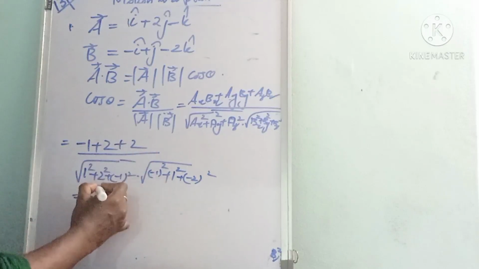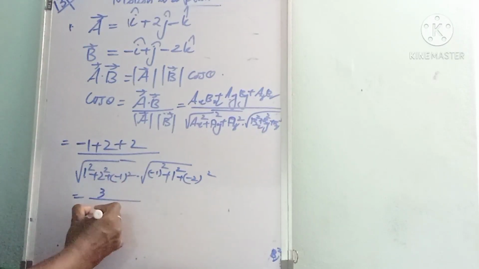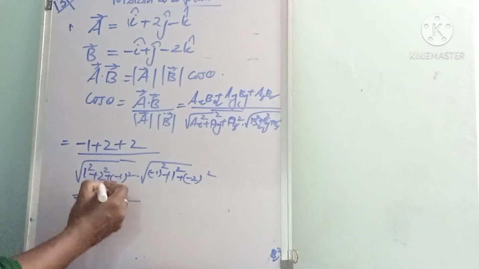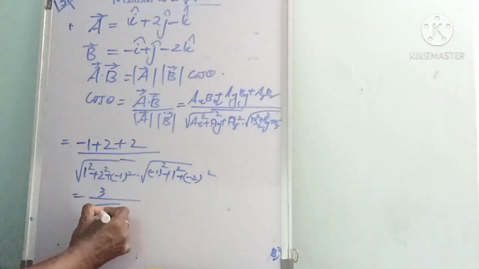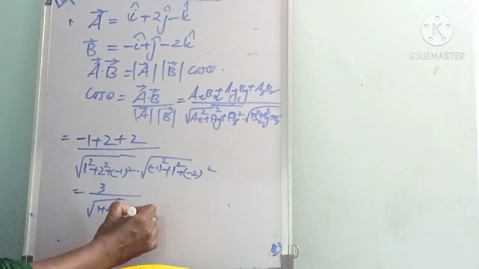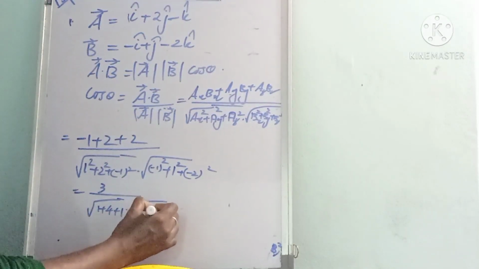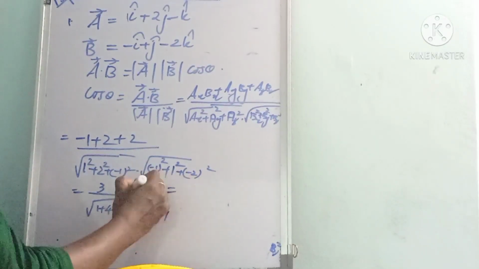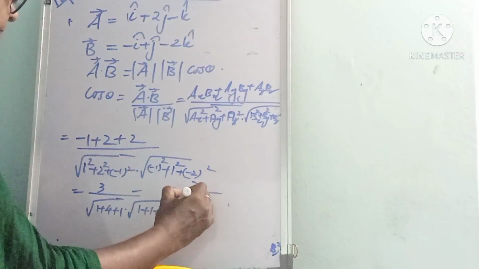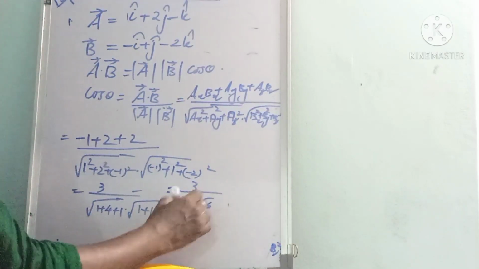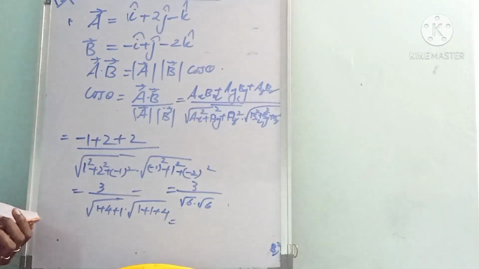Okay, here it is 3 divided by square root of, actually it is 1 plus 4 plus 1, into square root of 1 plus 4. So we can write 3 divided by root 6 into root 6.